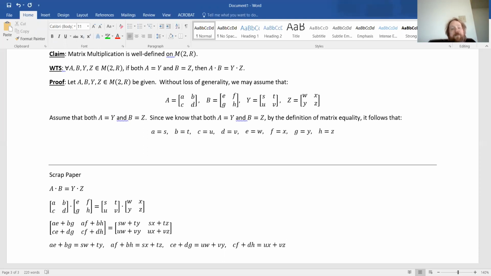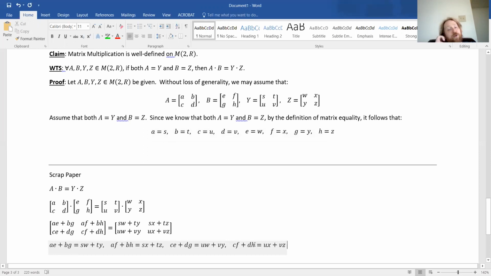But I know statements about various pairs of numbers being equal, and I need to build up that these four expressions are equal. So the way that I'm going to do this is I'm going to try to build each expression out of these pairs. For example, the fact that A equals S and E equals W gives me that AE equals SW.